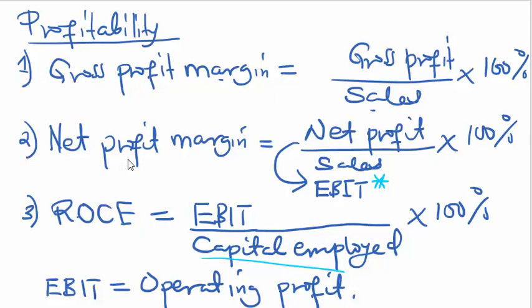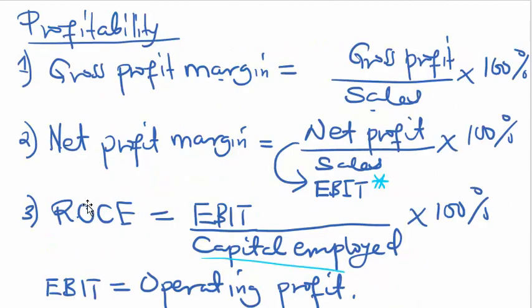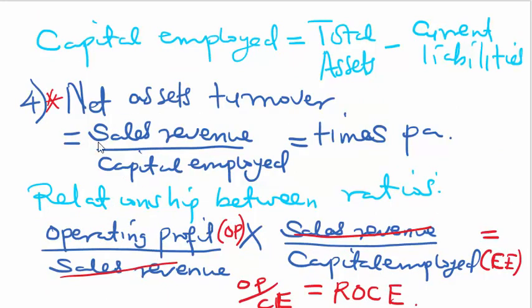And return on capital employed can be calculated by multiplying the net profit margin, number 2, and the net assets turnover, number 4. Let's move on to the next set of ratios, which are liquidity ratios.